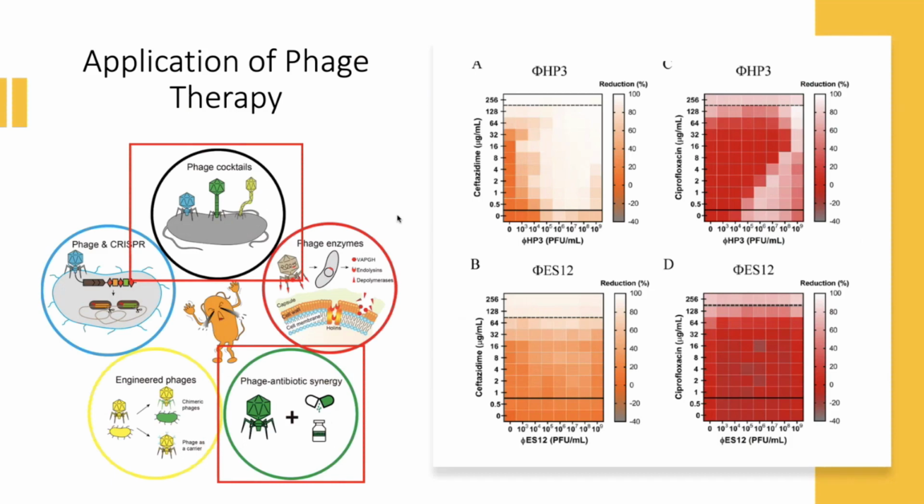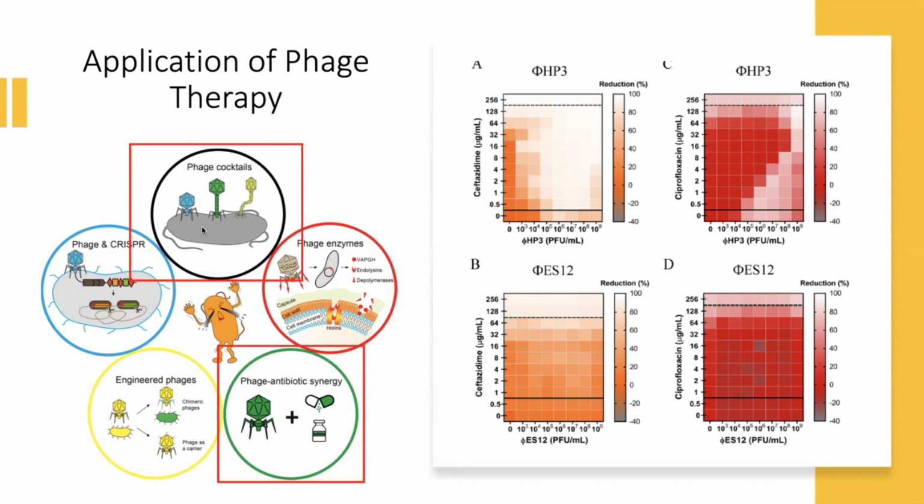little background, how can we apply this to treating antimicrobial resistance, to treating complex clinical cases, and extensively resistant organisms? Well, I touched a little bit on phage cocktails, which I discussed in more detail in my prior talk last year.